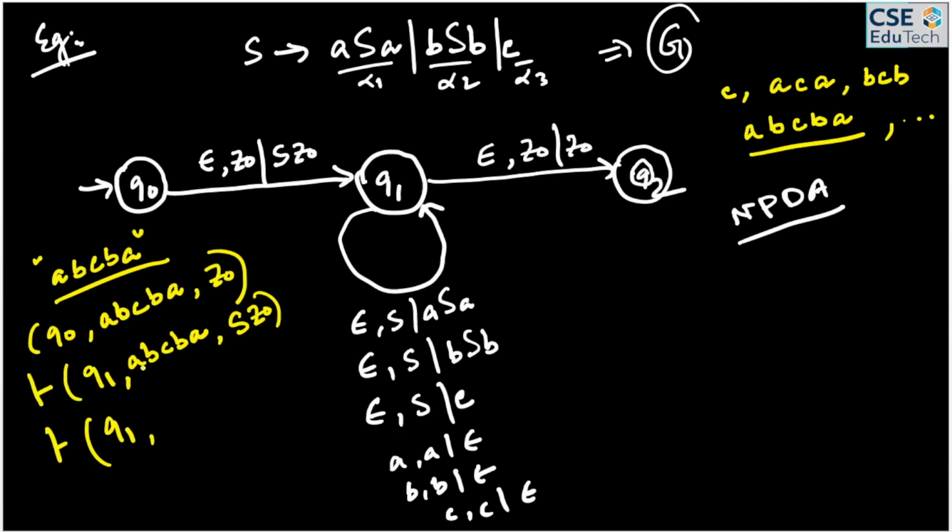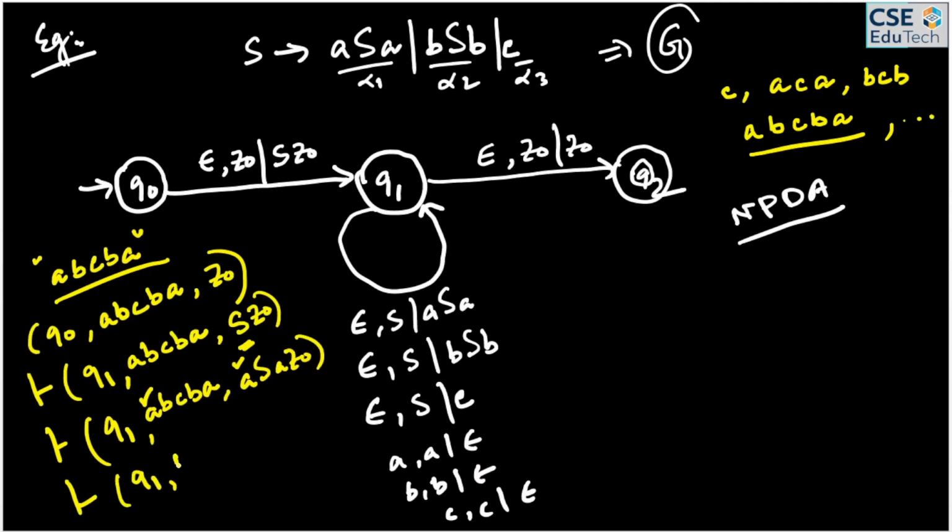Next move will be Q1, as the first symbol is a. Now S will be replaced by which production rule? A is a, so for abcba, S will be replaced by ASA Z0. Now when the input is a and the stack top symbol is A, A will be replaced by null, and it will remain in the same state.